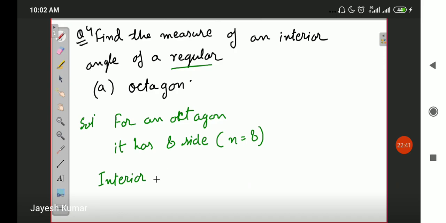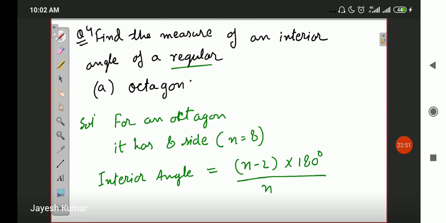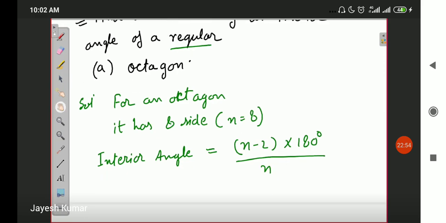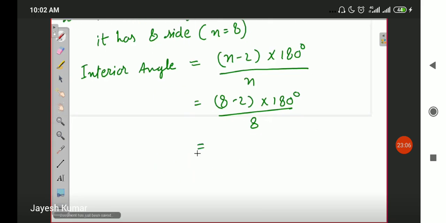The interior angle for any polygon is given by (n minus 2) into 180 degrees upon n. So this time this will be (8 minus 2) into 180 degrees upon 8. So this will be 6 into 180 degrees upon 8.